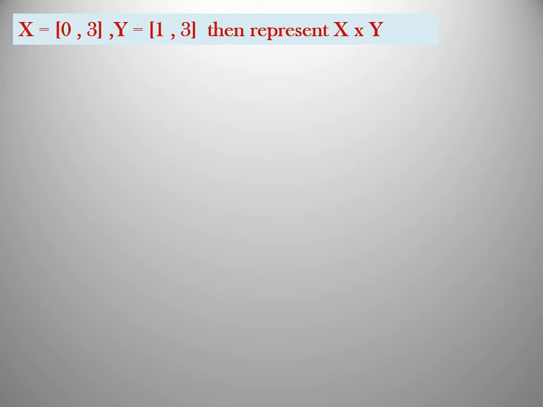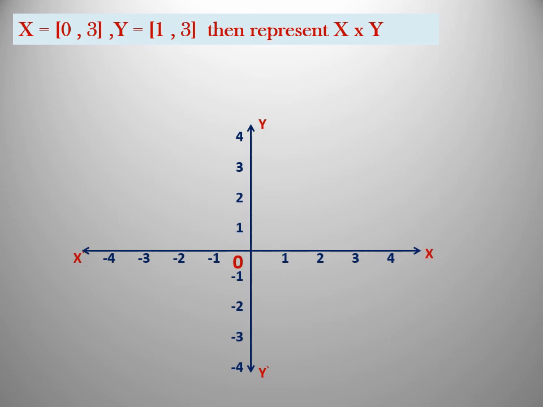So I will first draw my horizontal and vertical line in R. It's extended in both directions, like that. Okay. And now I want to represent x, then represent y, then find the crossing area between x and y.